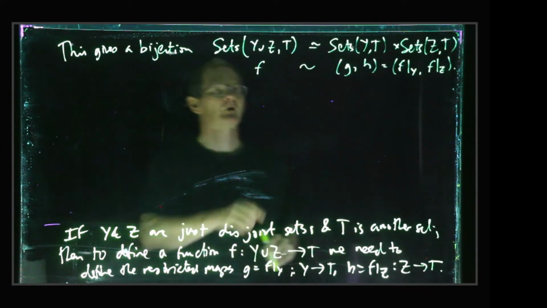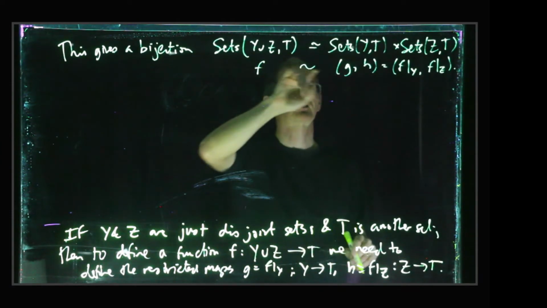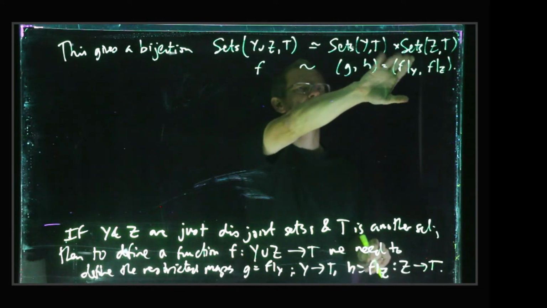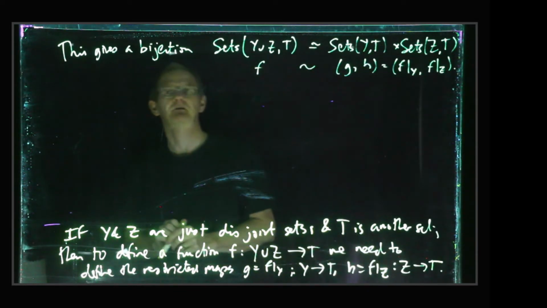So a function f from Y union Z to T just corresponds to a pair of functions G and H, where G goes from Y to T and H goes from Z to T.